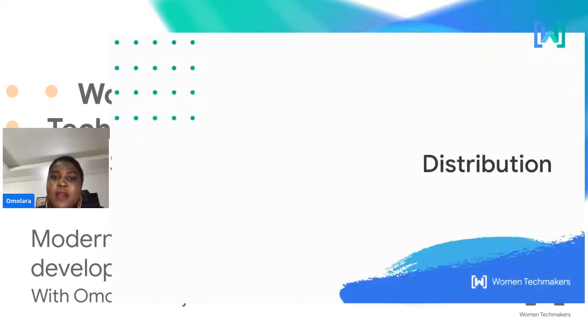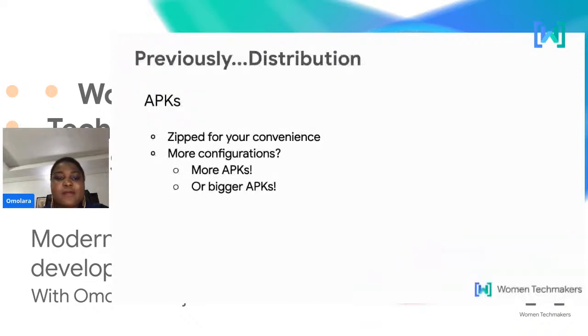So for the final component, let's talk about distribution, which is just the way you distribute your app, or the way your apps get to your users. Before, we had APKs, though we still do, and APKs are just, for lack of a better word, like zip files that when you unzip, you see all the folders of the application.